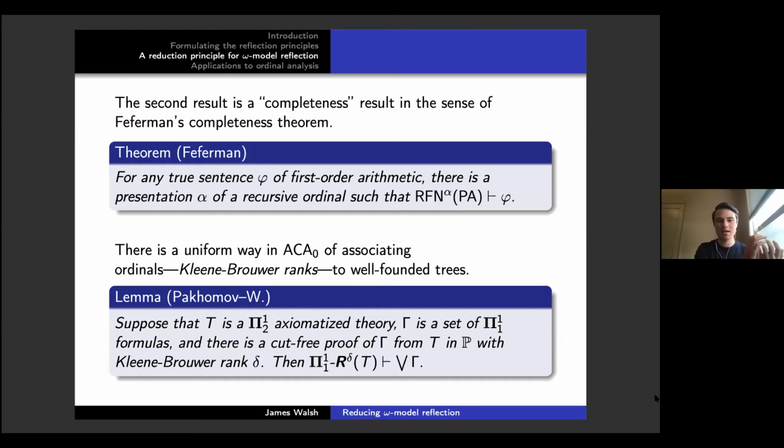So if T had higher complexity, you would have to iterate, say, pi12 reflection or pi13 reflection. James, I don't think that's true. I think we do have this kind of result only for pi11. It's completely with respect to complexity class pi11, but not with respect to higher complexity classes. So this should be a limitation.